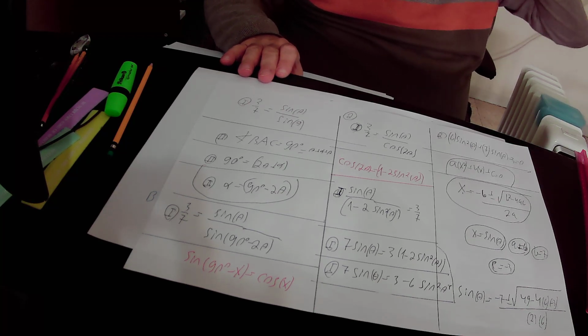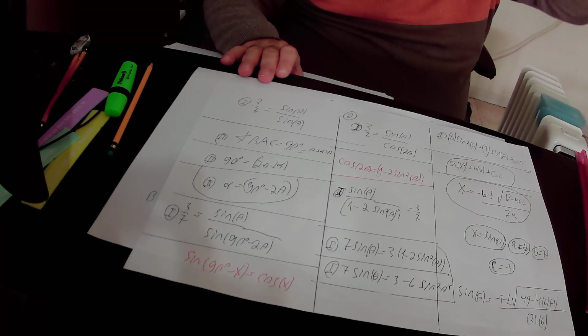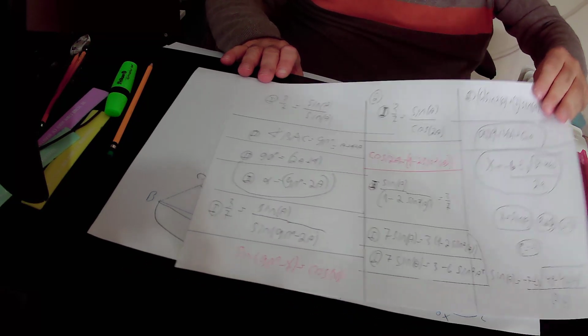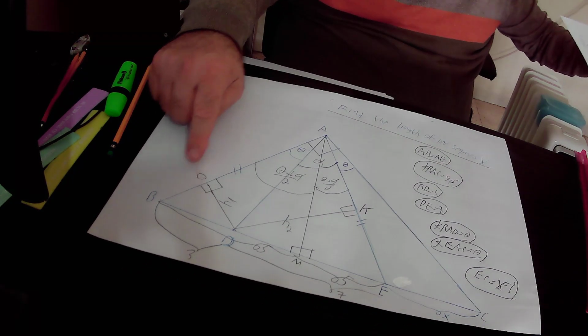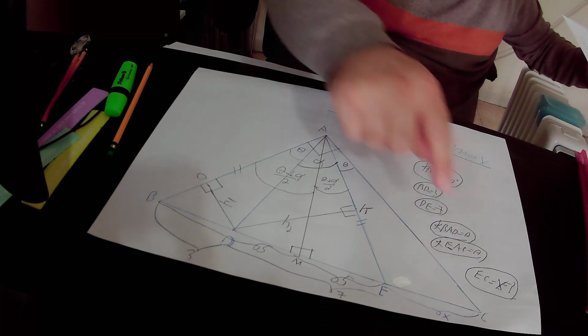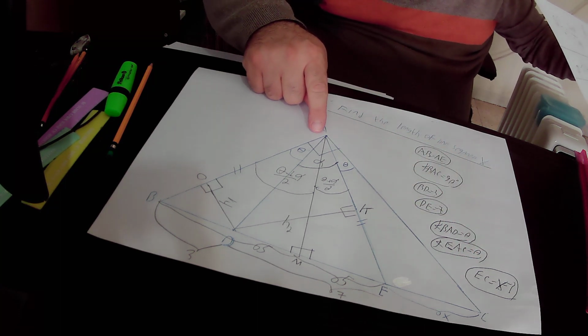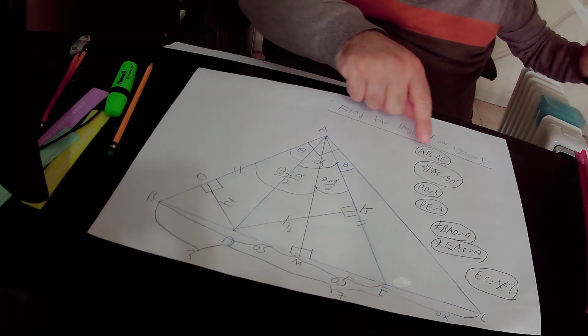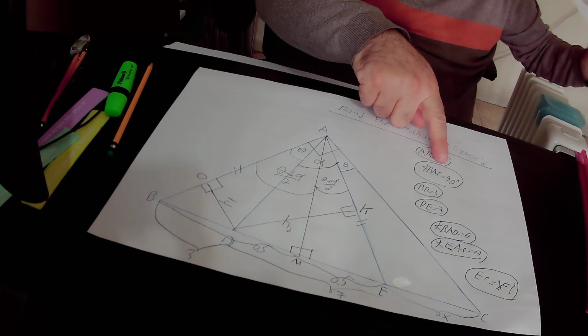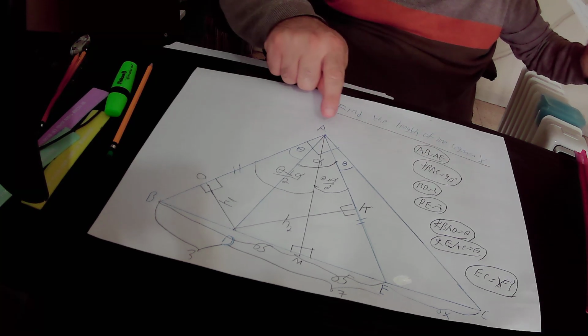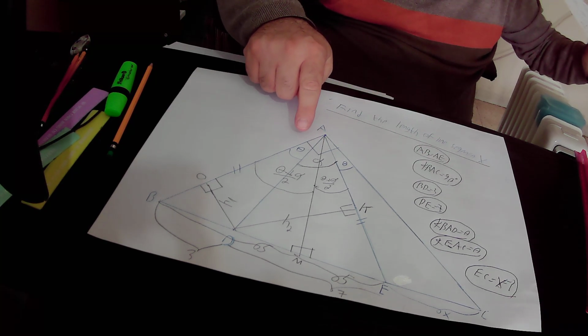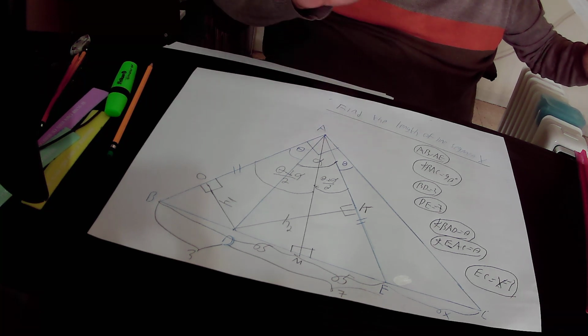And we know that angle BAC, the big angle BAC, from one side equals 90 degrees. It is given in the question that angle BAC equals 90 degrees. But from the other side it also equals theta plus alpha plus theta.